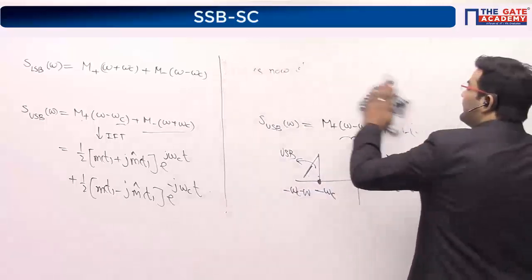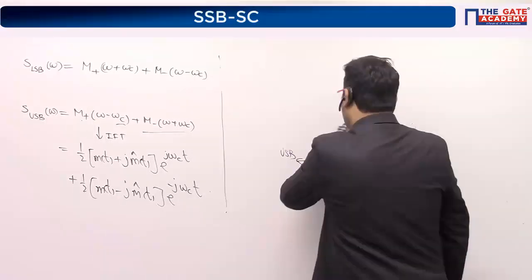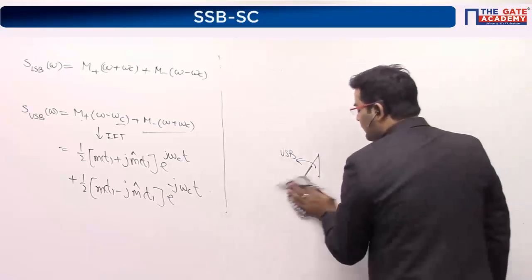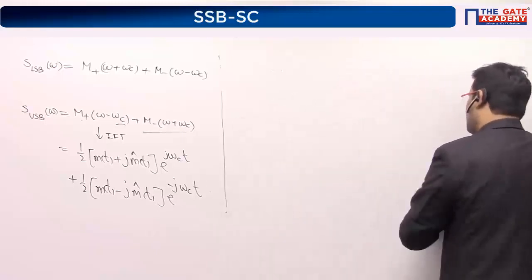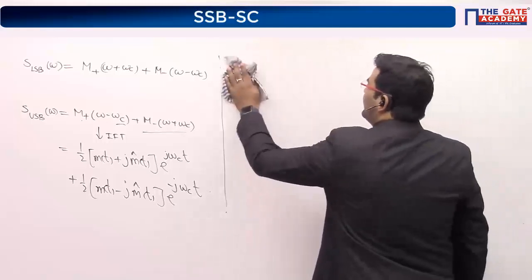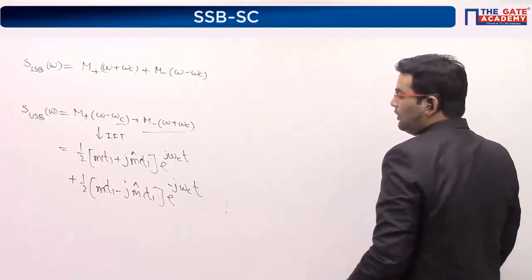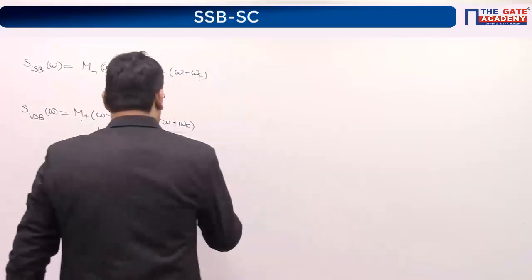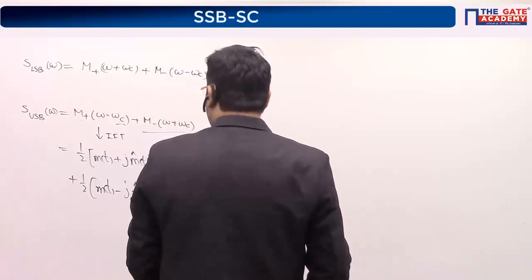Now after that you have to do some more calculation. It's a little complicated proof, but I'm trying my best to make it simple. You have to simplify a little bit here and there.